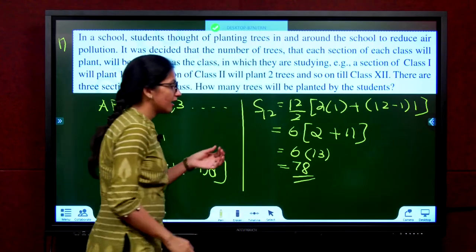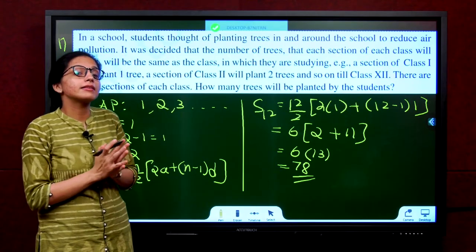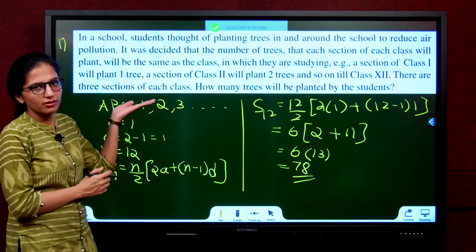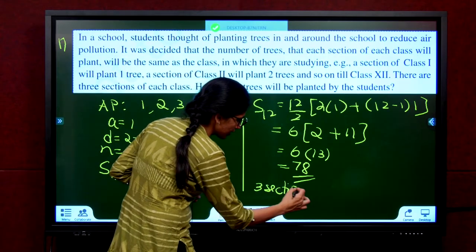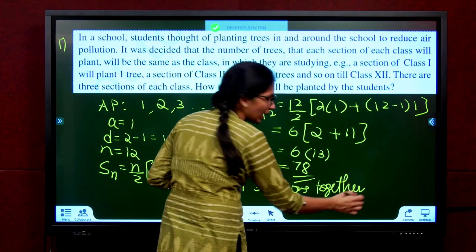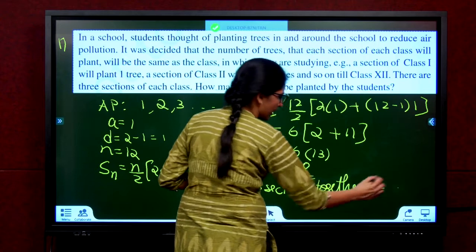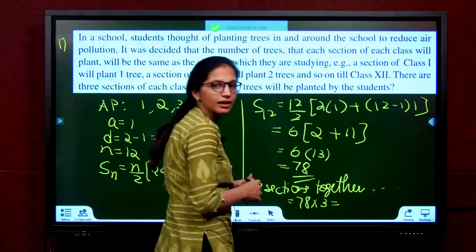That means for one section, those 12 classes will plant 78 trees. But there are 3 sections. So 3 sections together will plant 78 into 3. How much is 78 into 3?